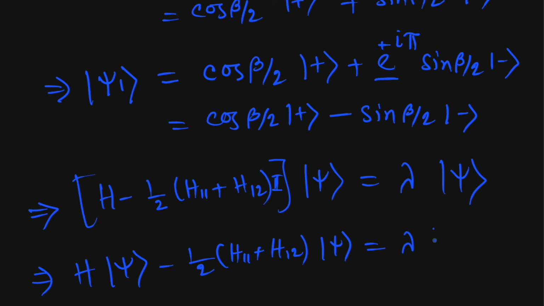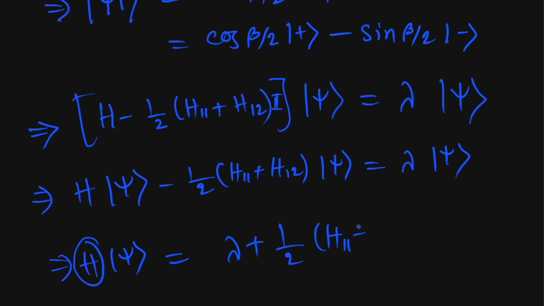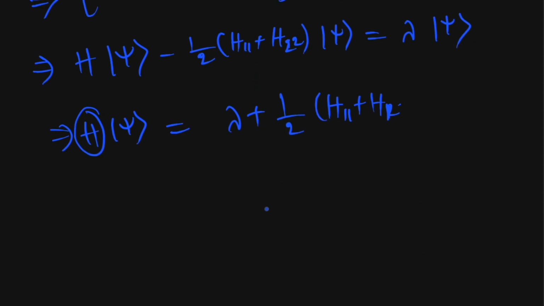That means this ψ is also an eigenvector of the Hamiltonian H. Now let us calculate the eigenvalues of this H.